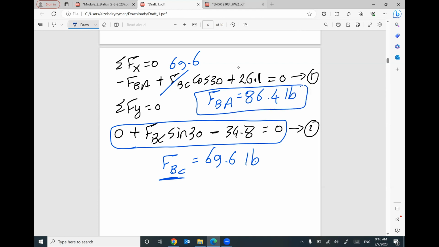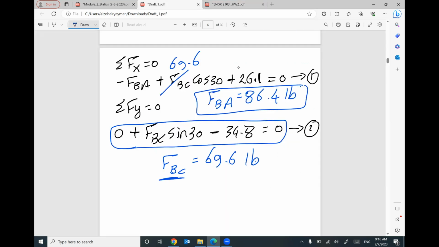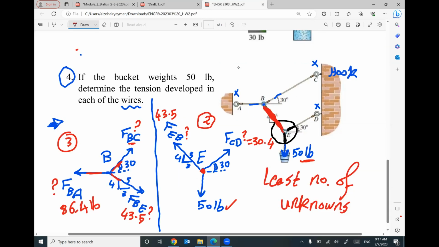So FBA equal 86.4 pound. FBC 69.6 pound. I am done. I found the tension force developed in each wire.